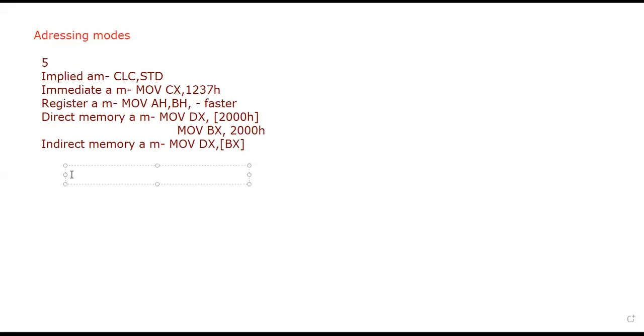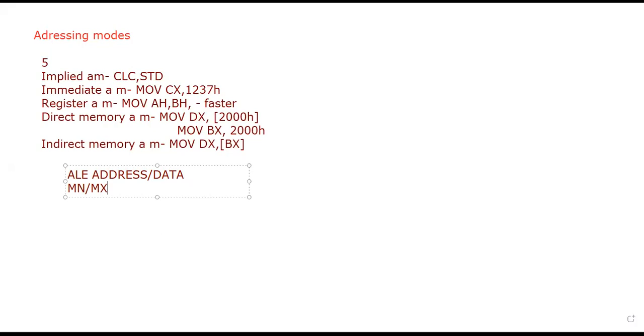So whether a few pins work as data bus or address bus is up to ALE. Then MN/MX: this pin will decide whether your processor is in minimum mode or maximum mode.